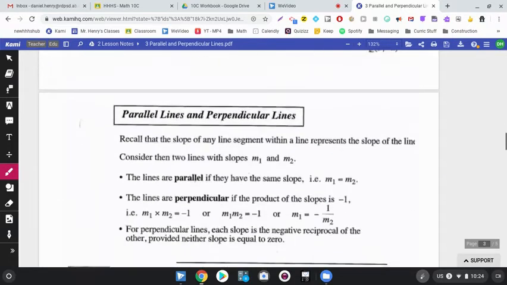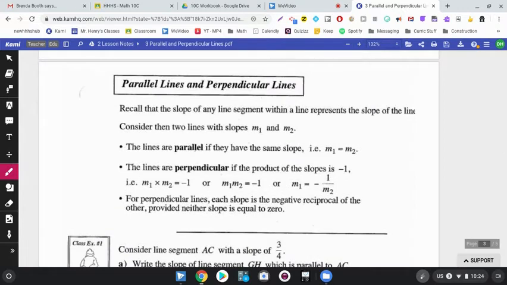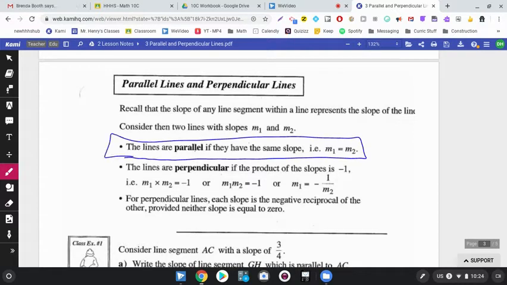Okay, let's summarize that. It's on the next page here. The slope of any line segment represents the slope of the line. The lines are parallel if they have the same slope. So the first slope equals the second slope. That's how I know if lines are parallel. The other one is the lines are perpendicular if the product of the slopes is -1.